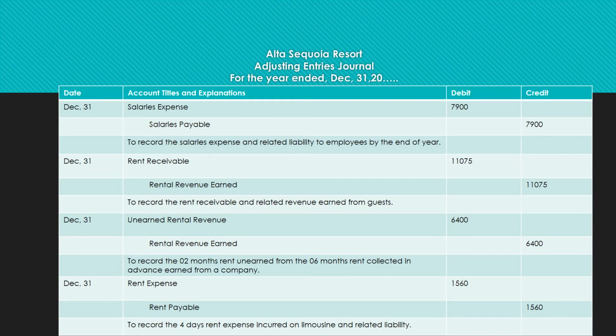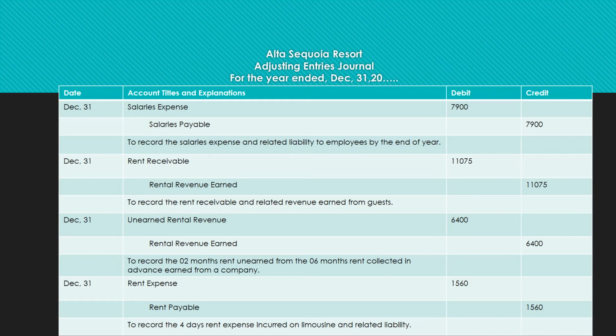First, unearned rental revenue is recorded as a liability. So out of that unearned rental revenue of 19,200, 2 months rental revenue of 6,400 is earned. So the liability of 19,200 unearned rental revenue is decreased by 6,400. Decrease in liability is recorded by debit.